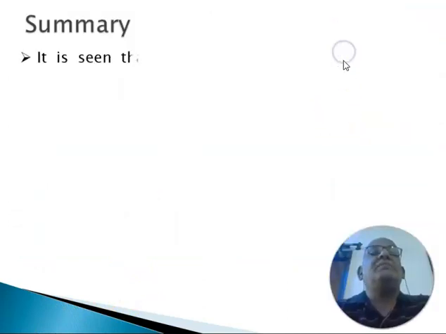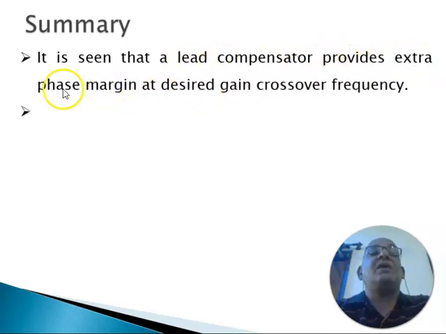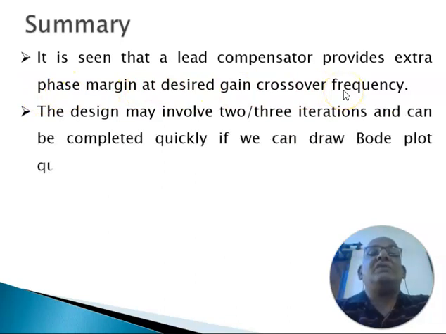Thus, in summary, a lead compensator provides extra phase margin at the desired gain crossover frequency. A little more adjustment may be needed to ensure that the additional gain contributed by the lead compensator is also accounted for. Thus, the design process may involve 2 or 3 iterations.